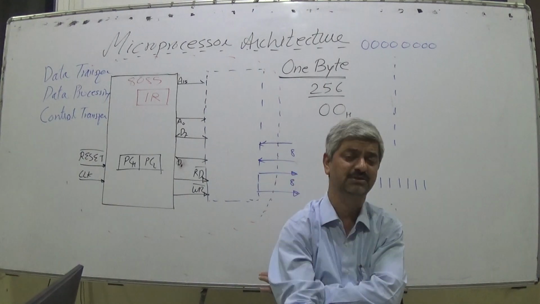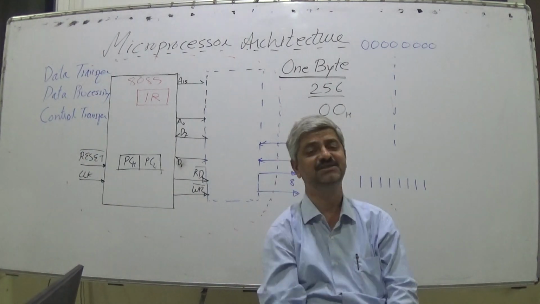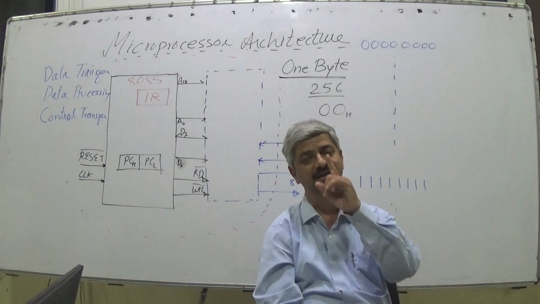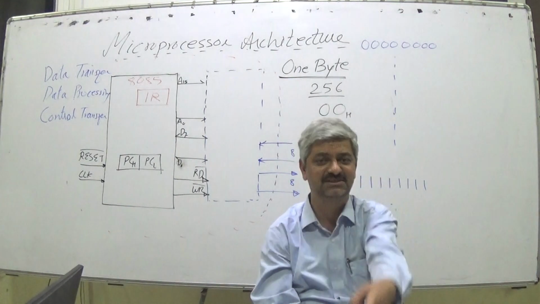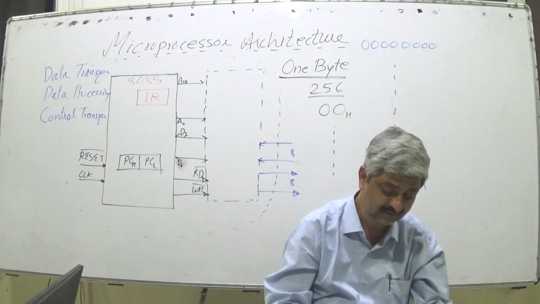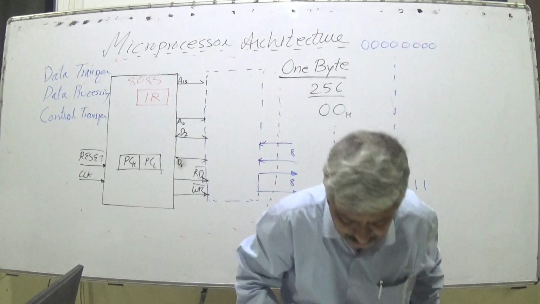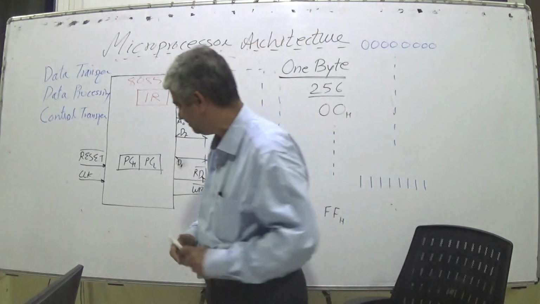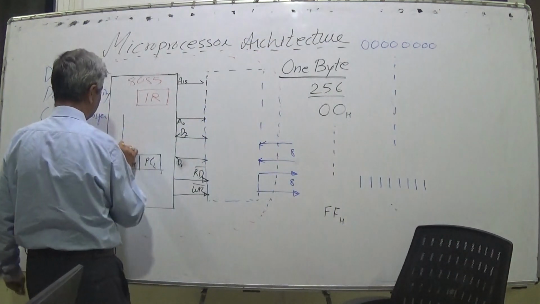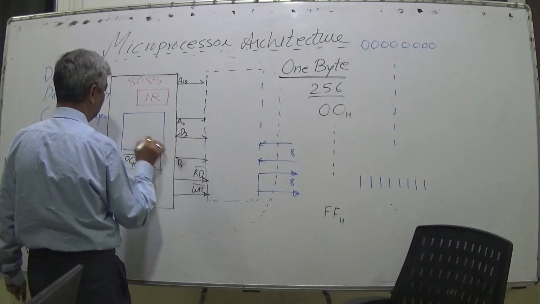The microprocessor receives one 8-bit value, and the instruction register understands that, and then it asks what is inside the microprocessor. There are a few temporary locations, including an ALU.